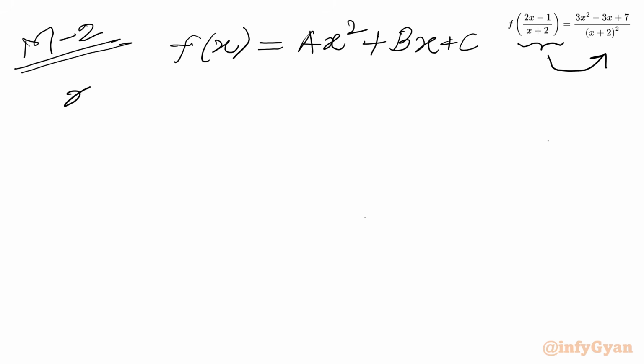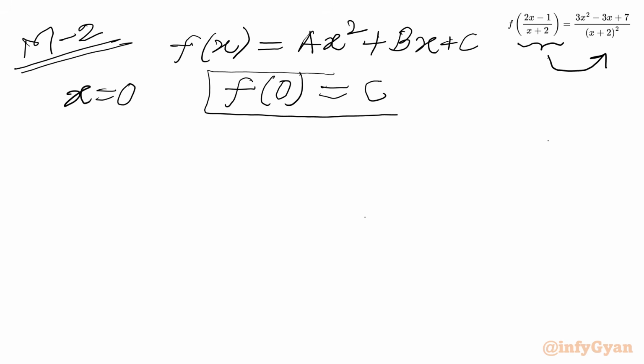Now I will put x equal to 0. So we are going to get f(0) in LHS, 0 + 0 + c, c in the RHS. So f(0) would be the constant c.